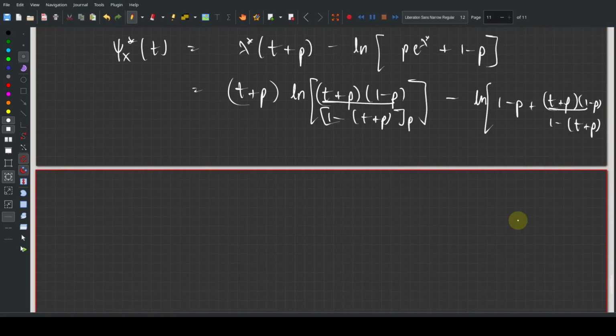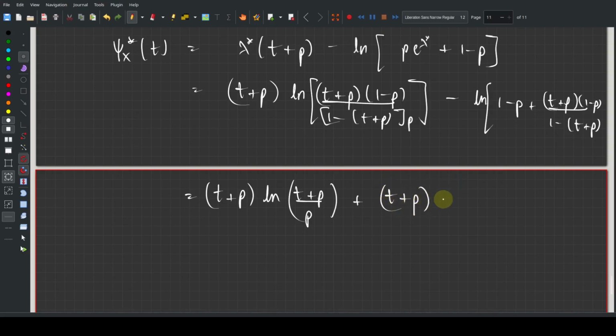So let's try to simplify this. This is equal to, I'll split this into a couple of terms, t plus p log t plus p by p, plus the remaining terms: t plus p log of the remaining term, which would be 1 minus p by 1 minus t plus p.